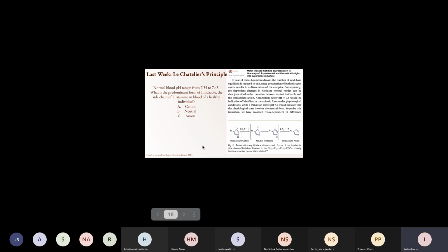When it is 50% left and right, that is given that the pKa value is exactly equal to the pH value. And the pH value indicates how much of that proton is available in the solution, which here is blood, right? The lower the pH value, the more proton is available to protonate the imidazole.